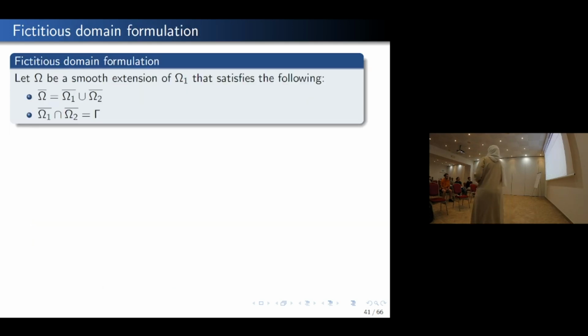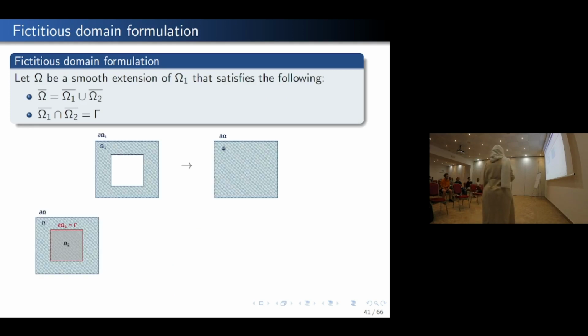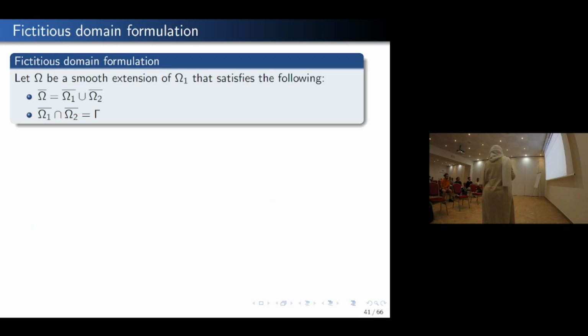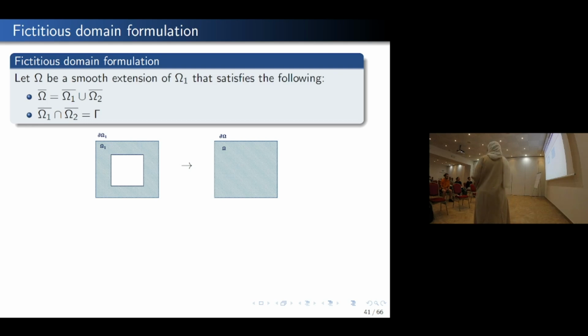To move into the fictitious formulation with distributed Lagrange multiplier that Fabio introduced, we extend our domain omega 1, and we call this extension omega. So this omega will be filling the entire problem setting, including the solid region.